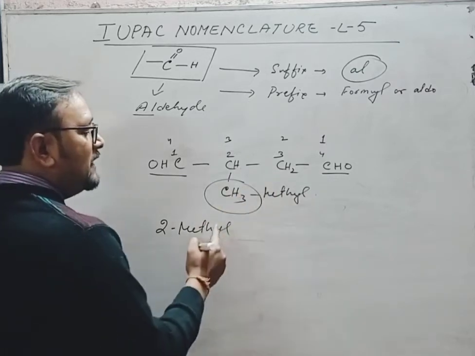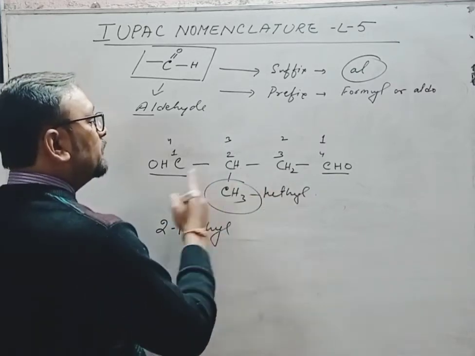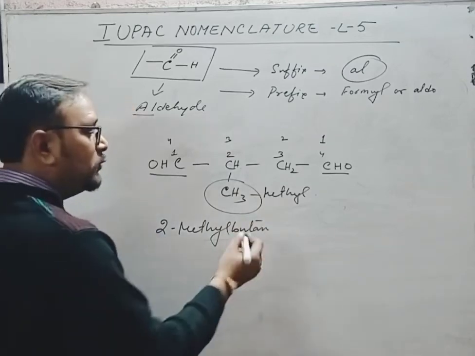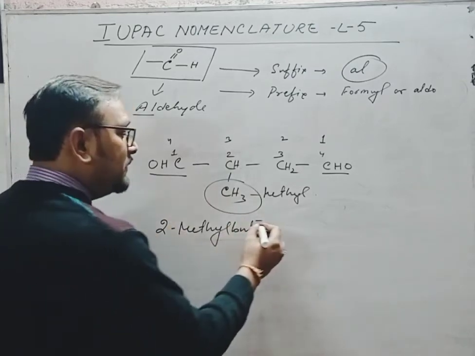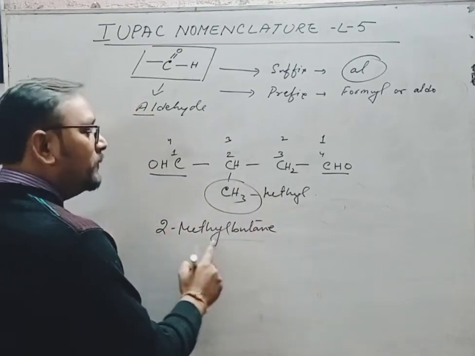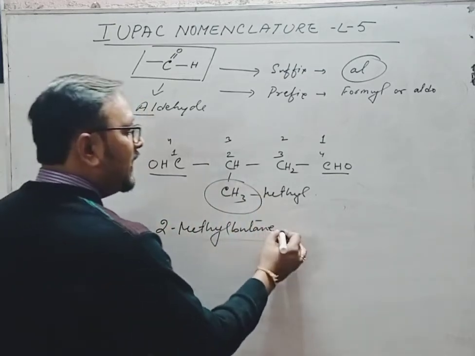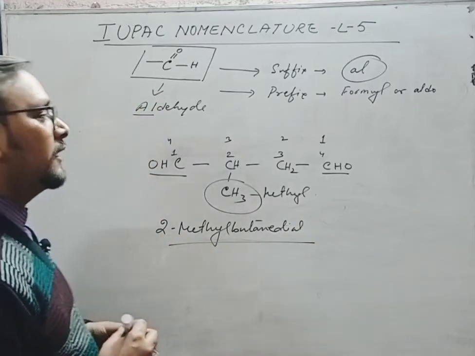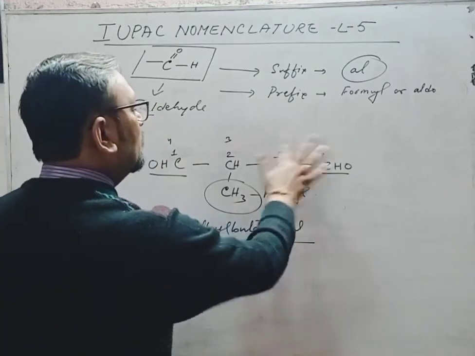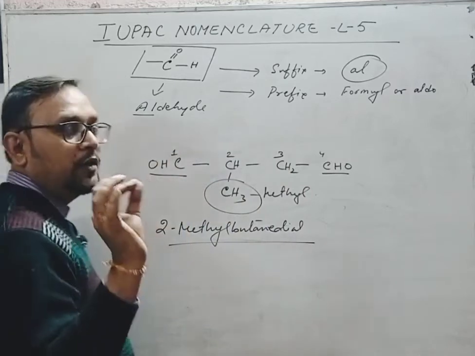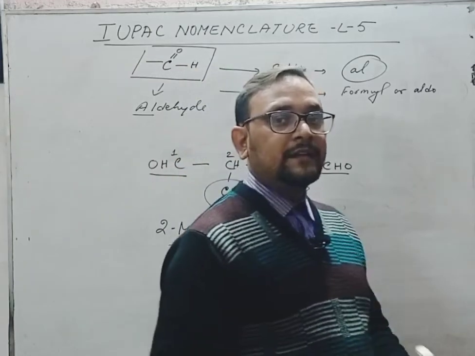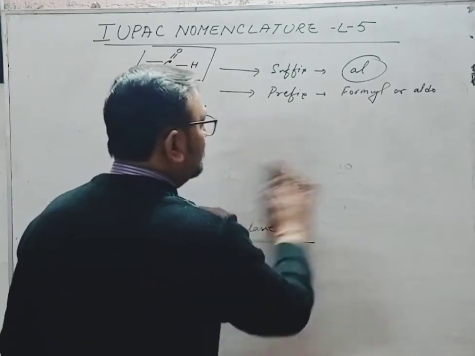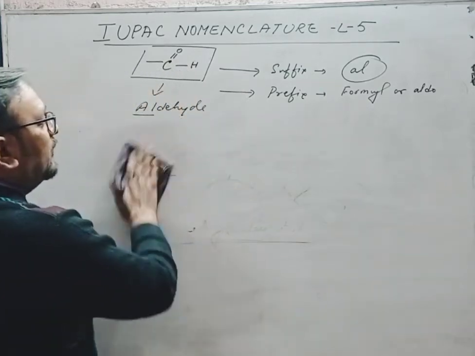Butane, and this time you need to maintain the E. So 2-methylbutanedial. Yes, this will be the name of the compound. Understood? So we need to take care of these small things while writing the nomenclature. So this is the second pattern. I hope all of you are getting the idea of it.